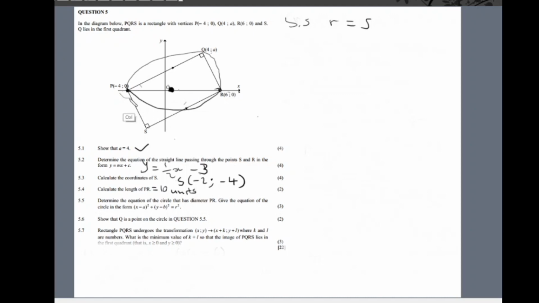So in order to do so, notice that if the diameter is PR, the diameter will pass through the center of the circle, right?